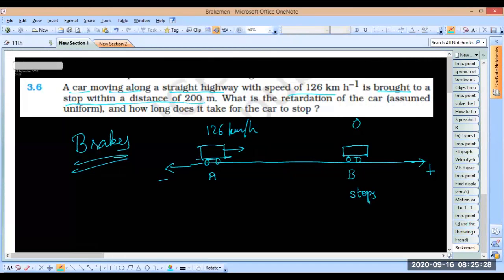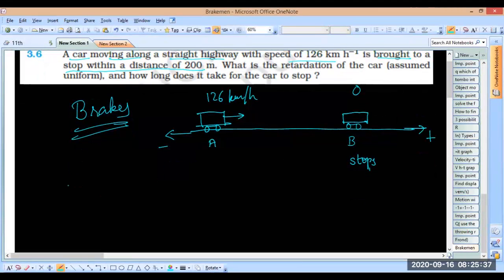Before we proceed further, let me tell you what is happening here. I have assumed that this vehicle is moving towards the right side, and that's what I've indicated with this arrow here. So the velocity at the start, at A, means initial. That's what we started observing from. At A, the initial velocity is 126 kilometer per hour.